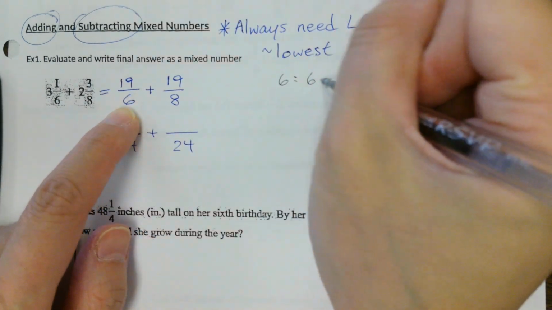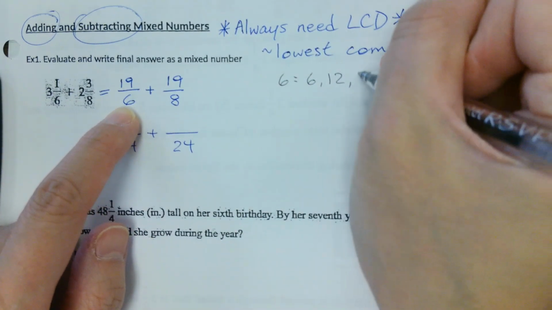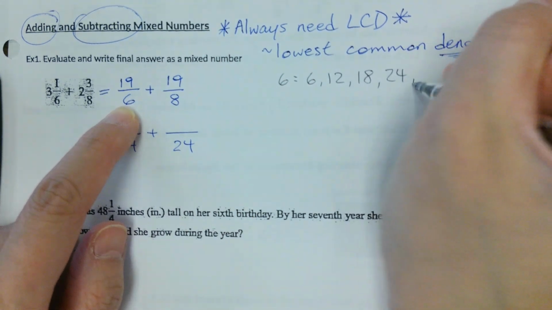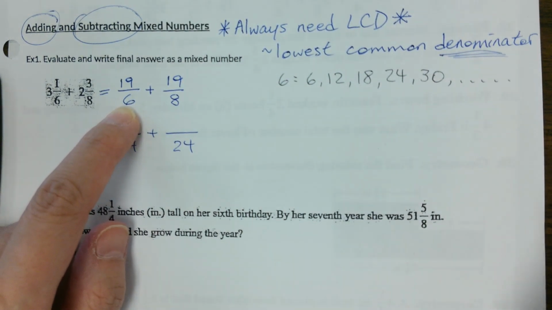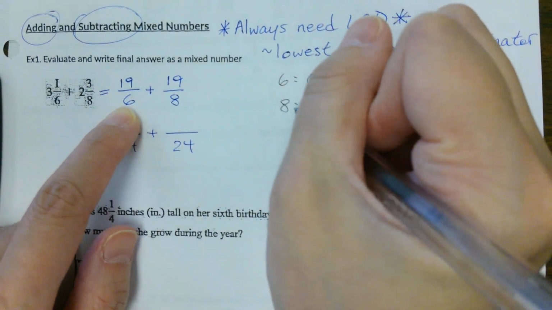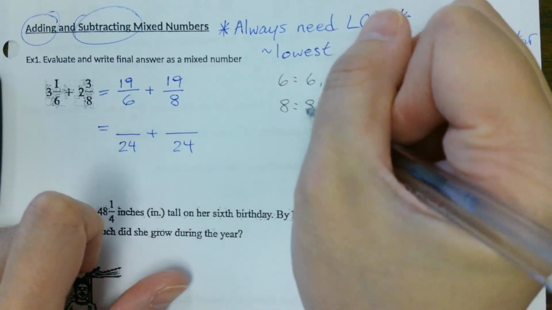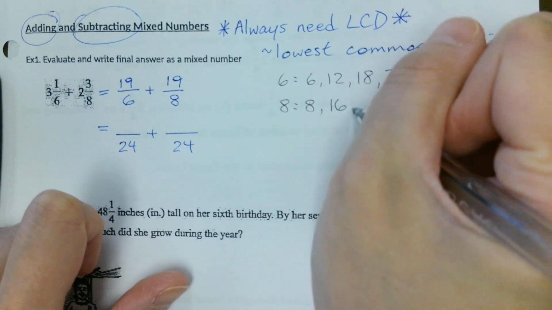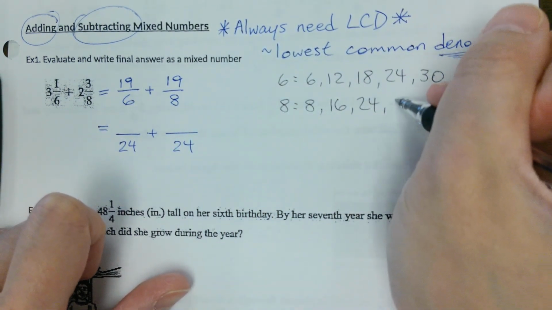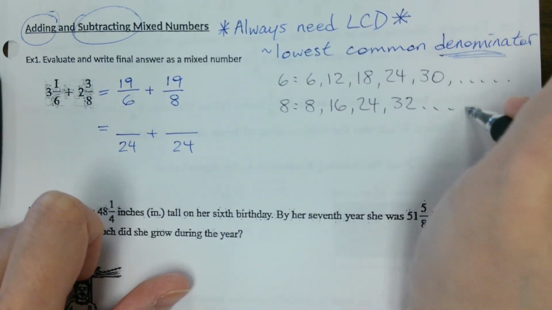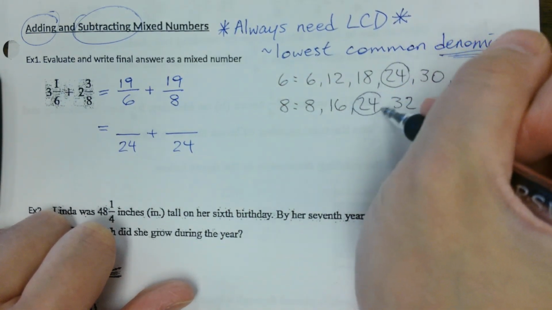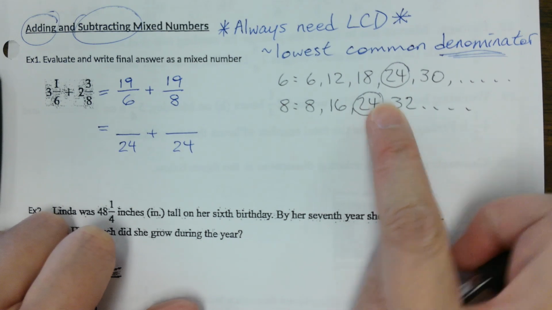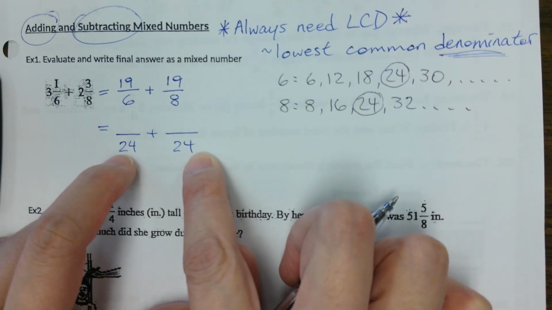So for 6, you have 6, 12, 18, 24, 30, 36, and so on. And then for 8, you have 8, 16, 24, 32, and so on. And you can see from both lists, 24 is the first common number. So that's how you know it's 24.